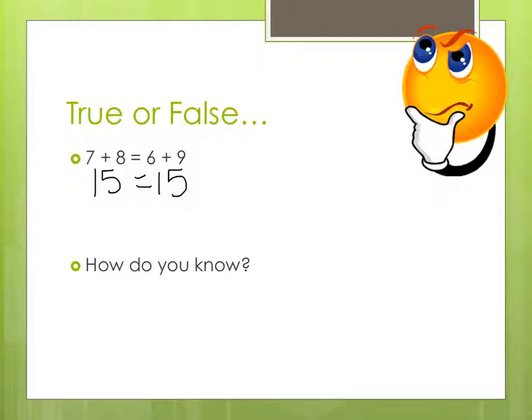But is there a way to prove that statement true without adding those numbers together? To do that, you have to look at the relationship between the numbers. In this problem, I look at the relationship between my numbers, and I can see that 6 is 1 less than 7, and 8 to 9 is 1 more.